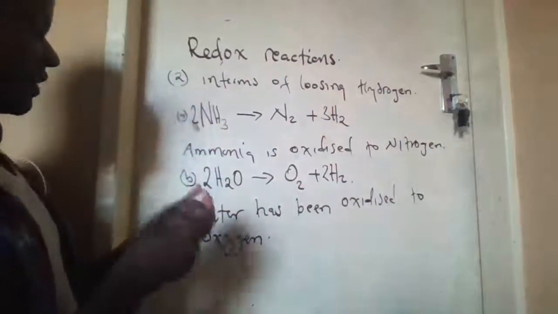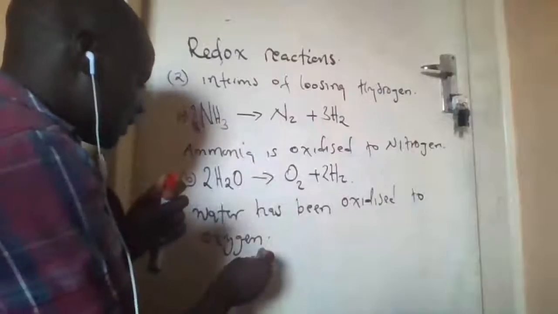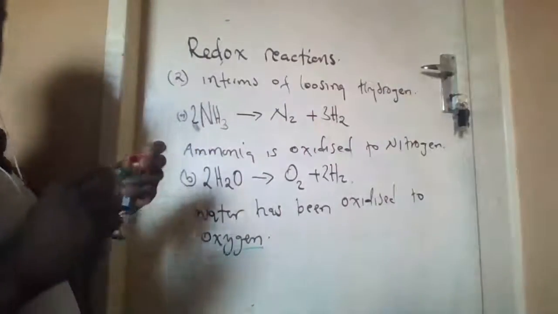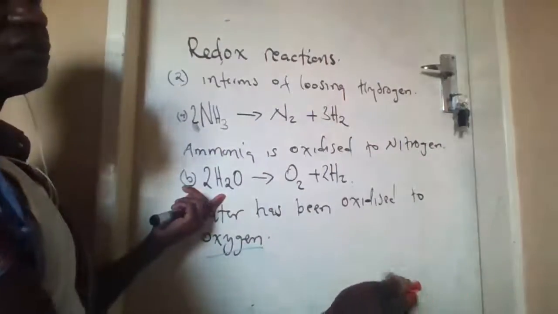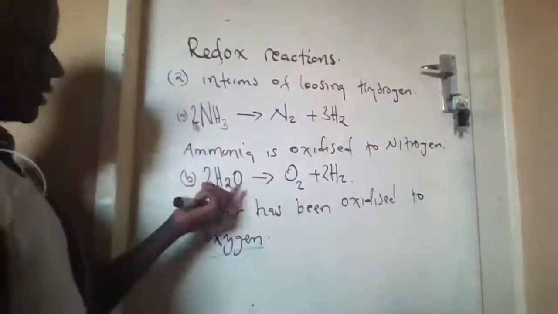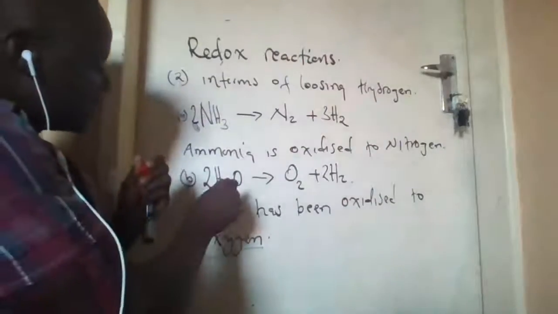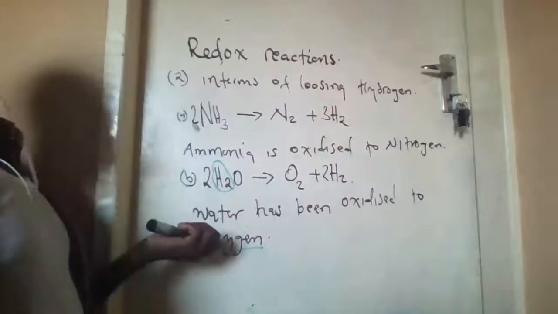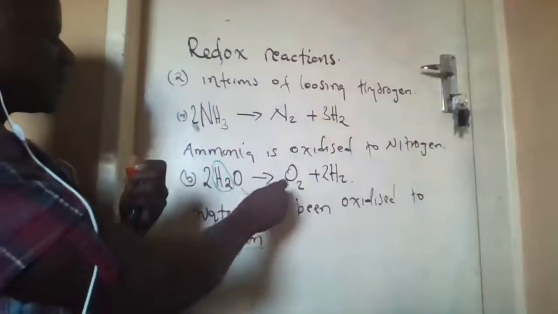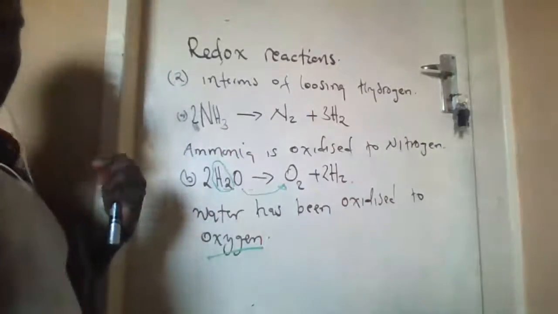Why have I said to oxygen? The reason is this. We are talking about the losing of hydrogen. The water here is H2O, so once these hydrogen atoms are lost, what are we remaining with? We are remaining with oxygen. That's why I'm saying water has been oxidized to oxygen.